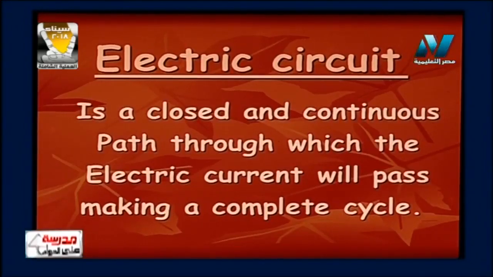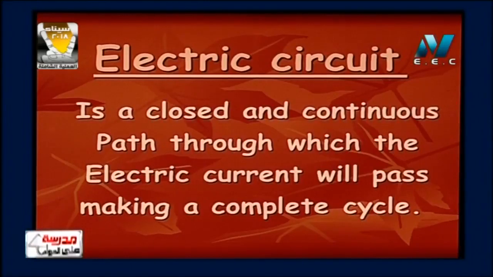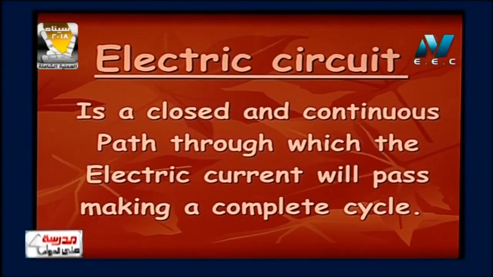No, circle is the geometric circle, drawn with a compass. An electric or electronic circuit is called an electric circuit, so we differentiate in meaning between the words circle and circuit. So again, what's meant by electric circuit? It's a closed and continuous path through which the electric current will pass, making a complete cycle.